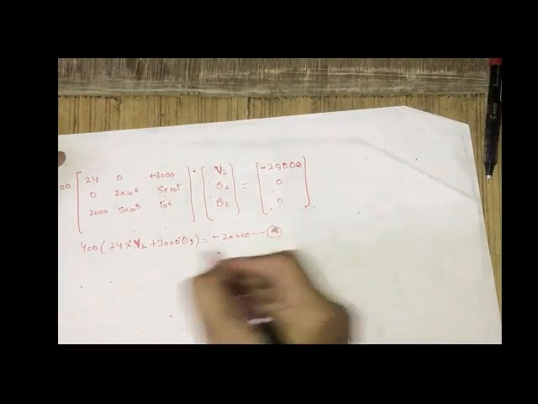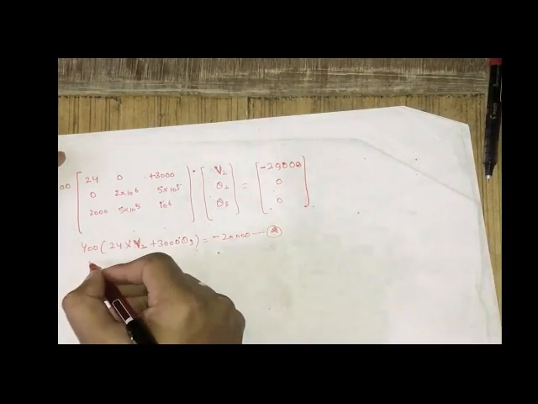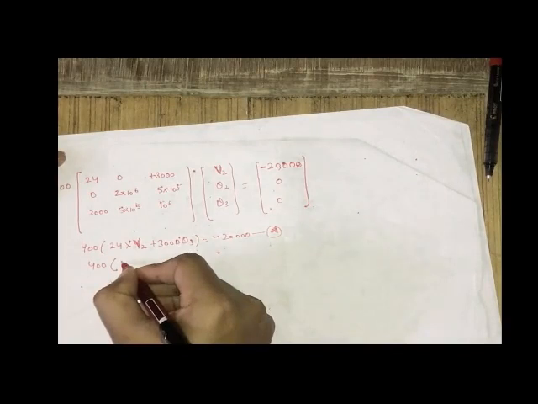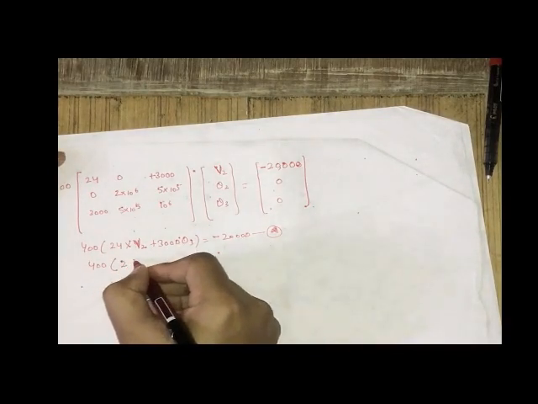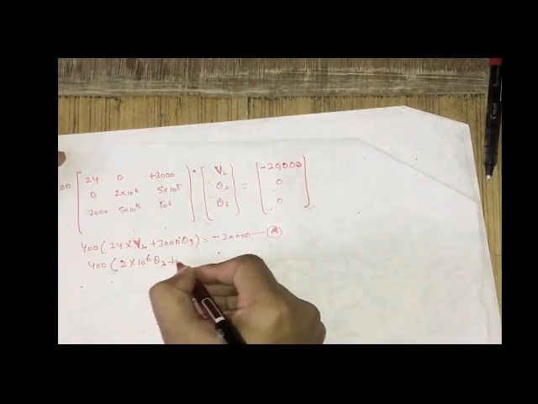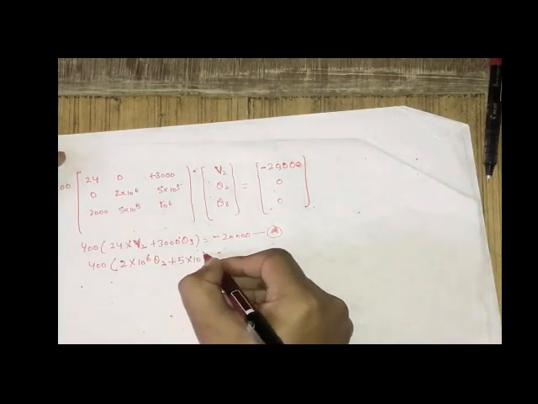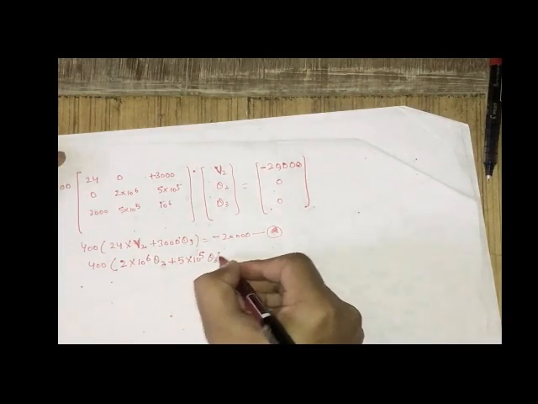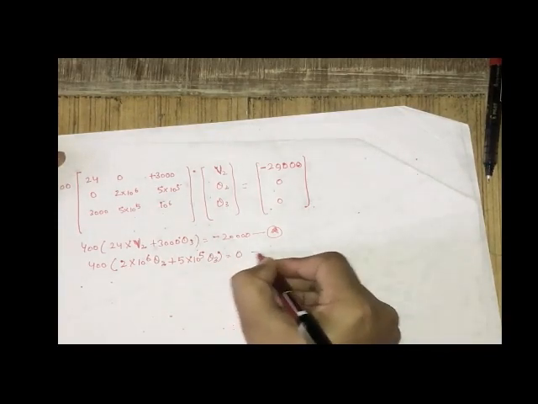This is equation star. Again, 3000 v2 plus 2 into 10 power 6 theta 2 plus 5 into 10 power 5 theta 3 is equal to 0.